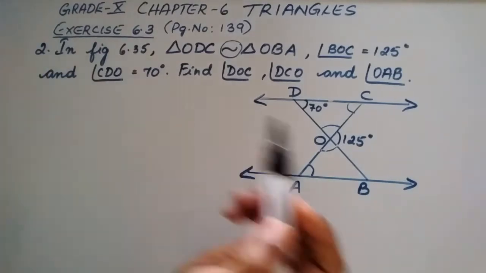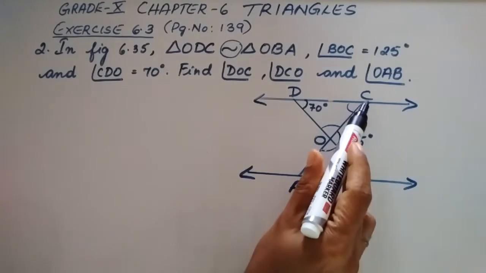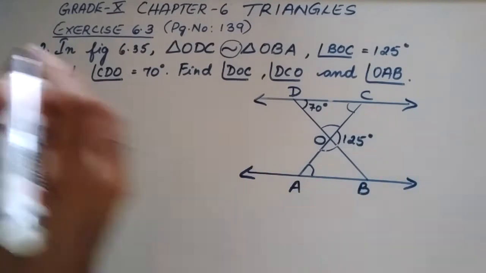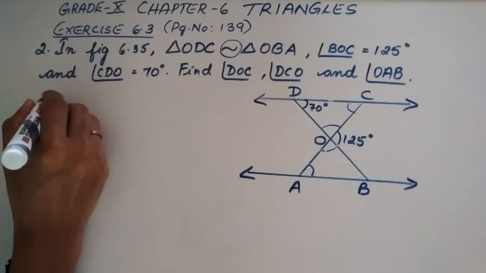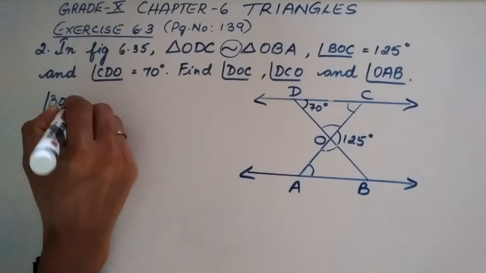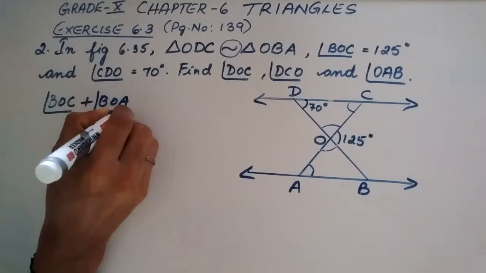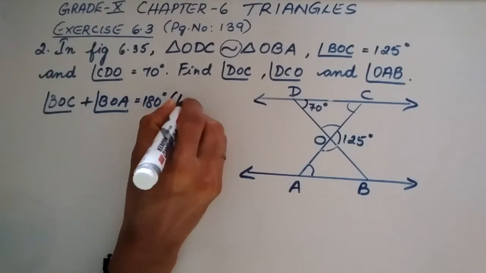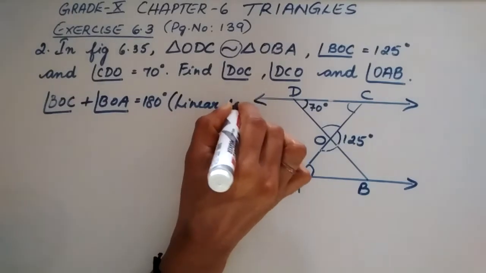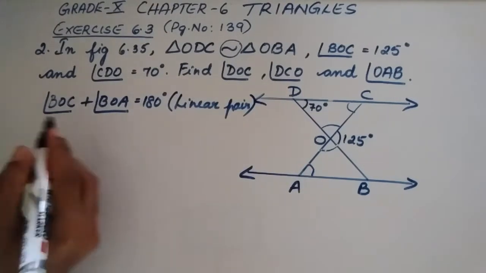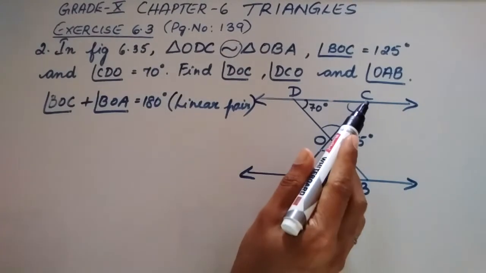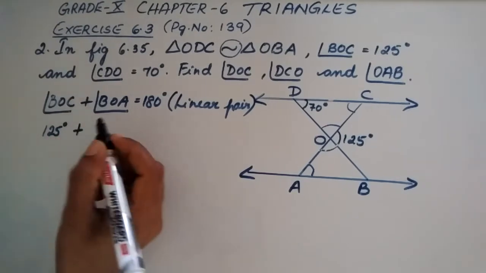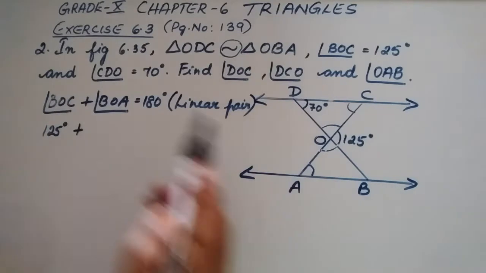So we have angle BOC plus angle BOA equals 180 degree, and the reason is linear pair of angles. Now what is angle BOC? It is 125 degree, and we need to find angle BOA.